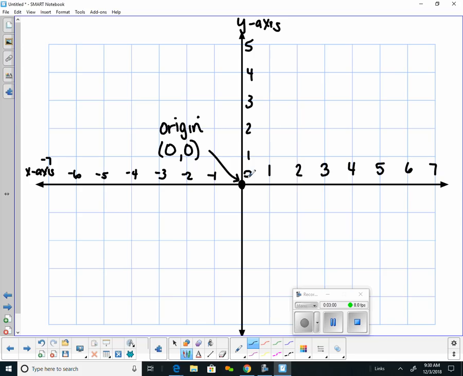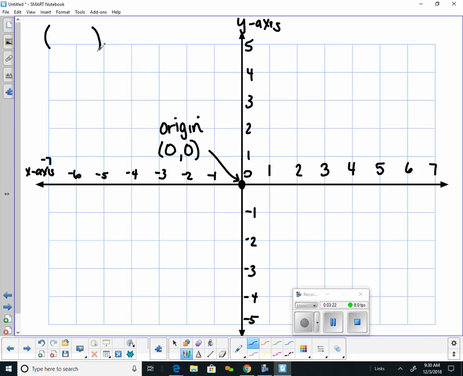And when we start back at 0, when we go down, those are your negative numbers. Okay. Anytime you are graphing or identifying a point, you're always going to use your reference from this 0, 0 point. Okay.